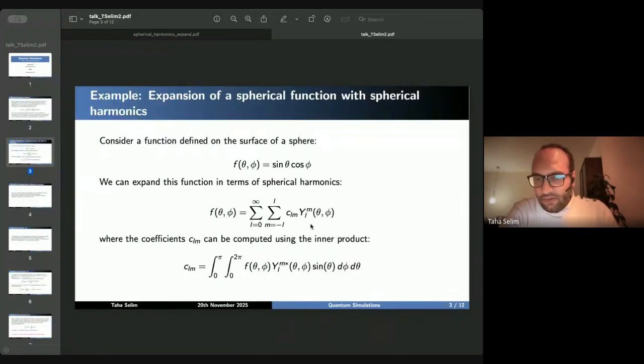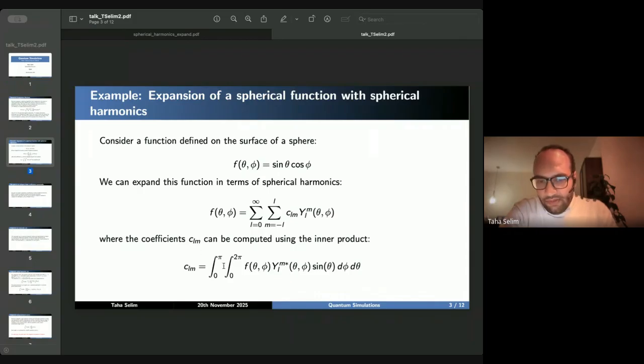These different types could be real, sometimes because we take a superposition of complex ones, or you could have different normalization. However, this is just the main complex, fully orthogonal and fully normalized spherical harmonics, and the goal is to find these coefficients, and typically these coefficients are computed with numerical integration.